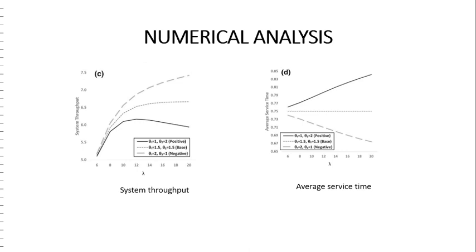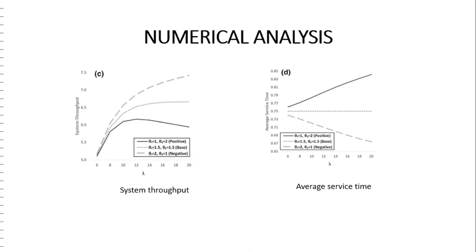And the last graph, graph D, is the average service time. Here we can find that the base system average service time is almost constant at all arrival rates, but for the positive and negative systems it's different.